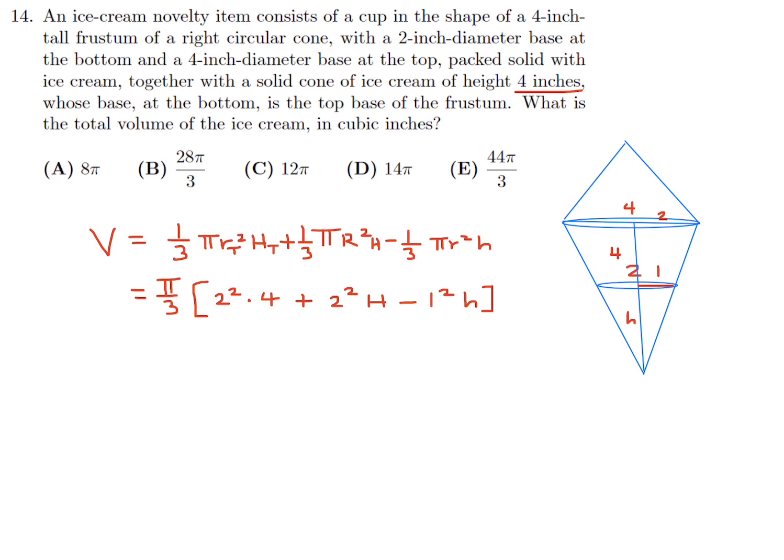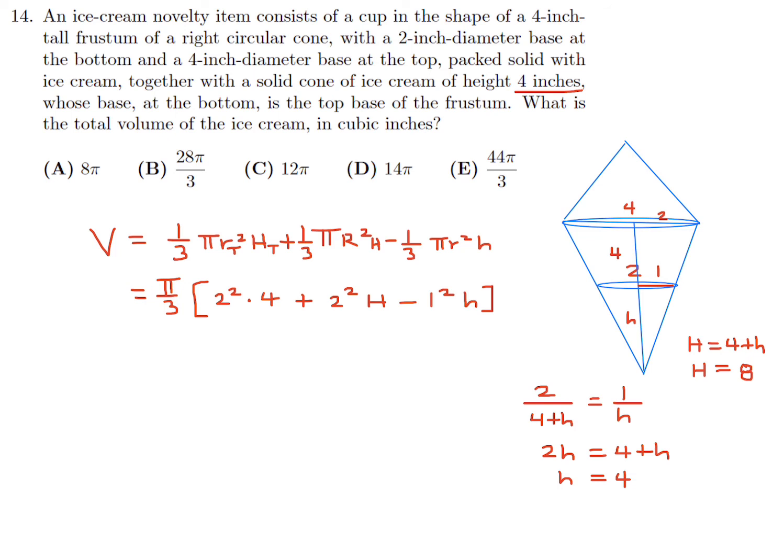Okay, from similar triangles, we have that 2 over 4 plus h is equivalent to 1 over h. Cross multiplying, get 2h is equal to 4 plus h, and therefore h is equal to 4. Great. So that means the big height, which would be all the way from there to there, would be 4 plus h, and that is 8.